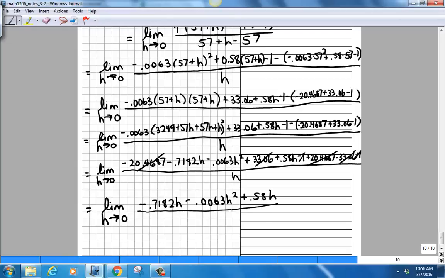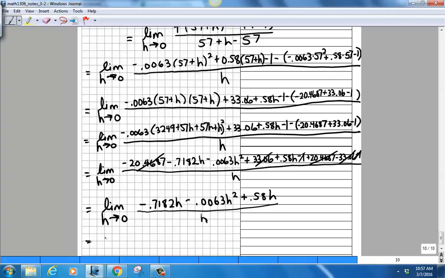All of that divided by h. Now, guess what? Look what's going to happen. All of these terms have h left in them, right? All of those terms have h left in them. So you can divide out the h in the denominator. The h in the denominator is going to go completely away, right?